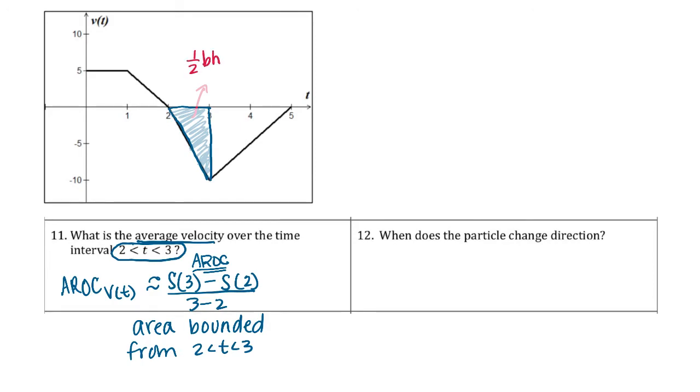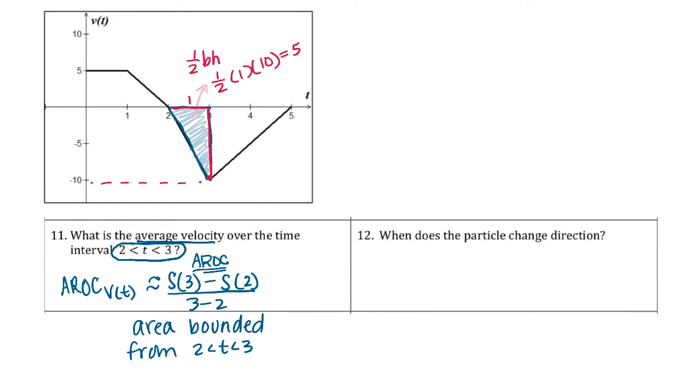And so let's see, we have 1/2. Our base, well, the length of that base is 1. And our height is going to be all the way down here, which looks like it's over at 10. Now, don't include the negative just yet. We'll talk about that here in just a minute. So just trust me for this one. So you've got 1/2, 1 times 10, which is going to give us 5.